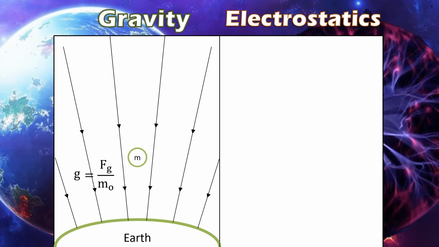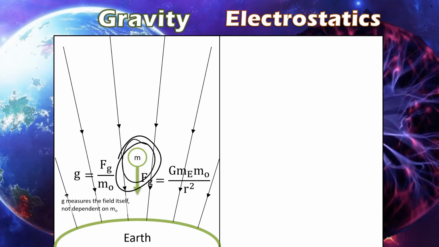What's going to happen to the mass? It's going to feel a force. That force is equal to G times the mass of the Earth, times the mass of whatever object you place here, divided by the radius squared, the distance squared. The gravitational field strength measures the field itself, and it's not dependent on the mass.